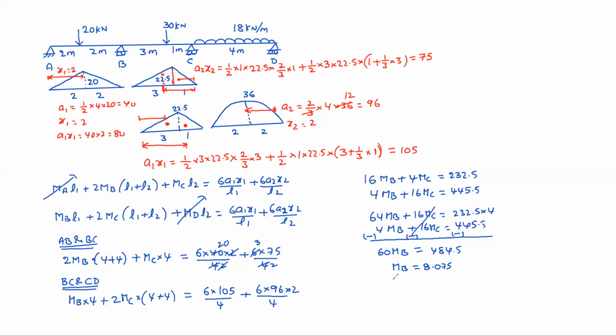Substitute and tell me what is MC. MC equals 232.5 minus 8.075 by 4, which is equal to 25.825.